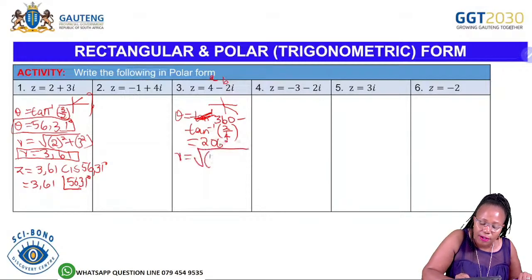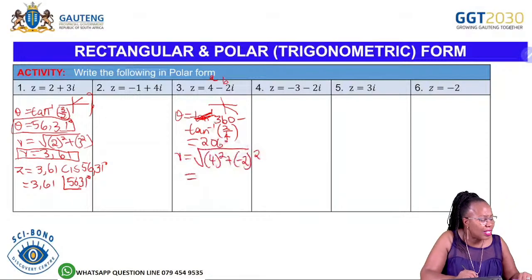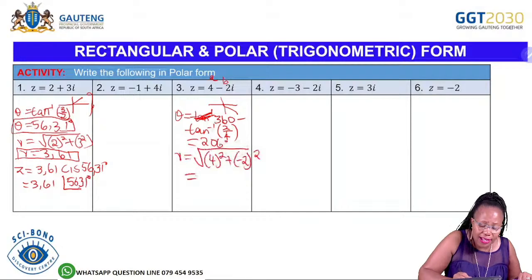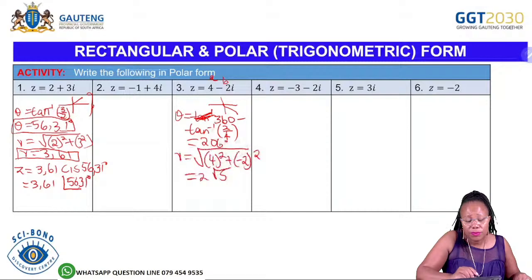And then to look for the value of R, we follow the same method. A squared, 4 squared, plus the minus 2 squared, and then into your calculator straight to the answer. This is giving us 2 square root 5. So write this in polar form.